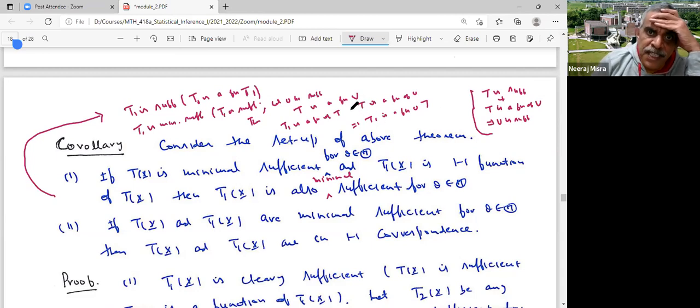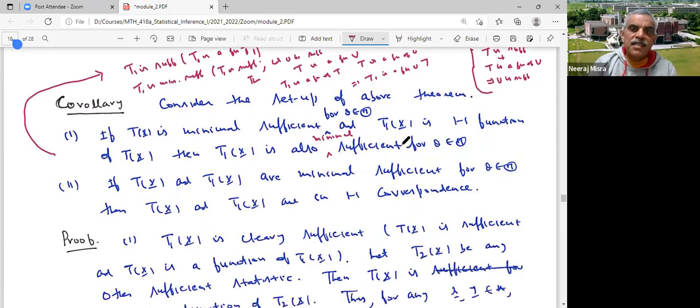Given the value of t, you can find the value of t1. Given the value of u, you can find the value of t. So given the value of u, you can find the value of t1. That means t1 is a function of u, and you're done. That proves that t1 is minimal sufficient.